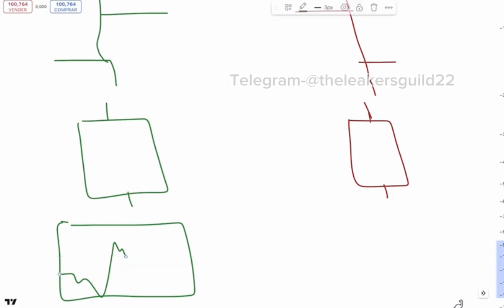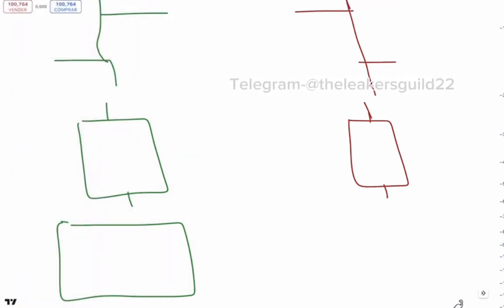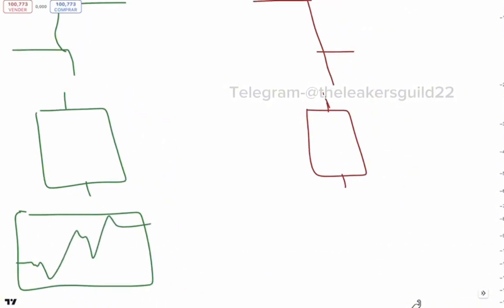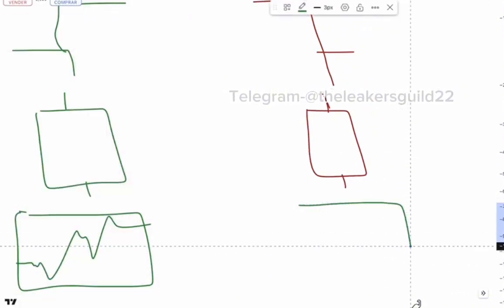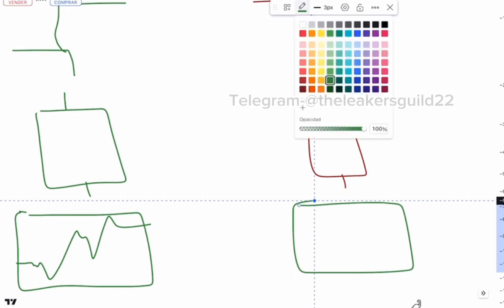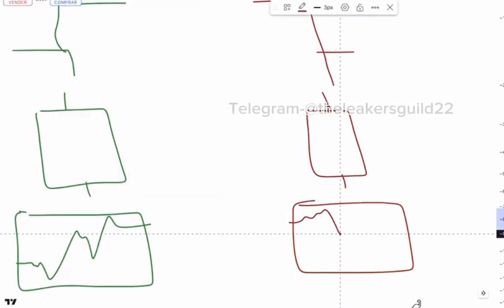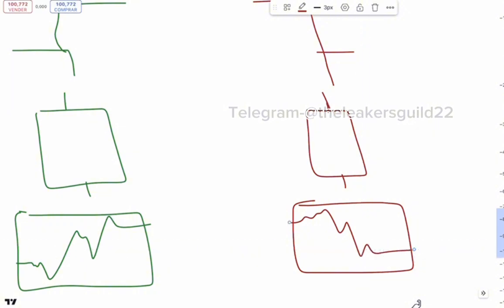Let's make it a bit, I'm a doctor, but you know, let's make it a bit more artistic. Right? You're trying to trade this. You are not trying to trade the pattern. Do you see how different this is?